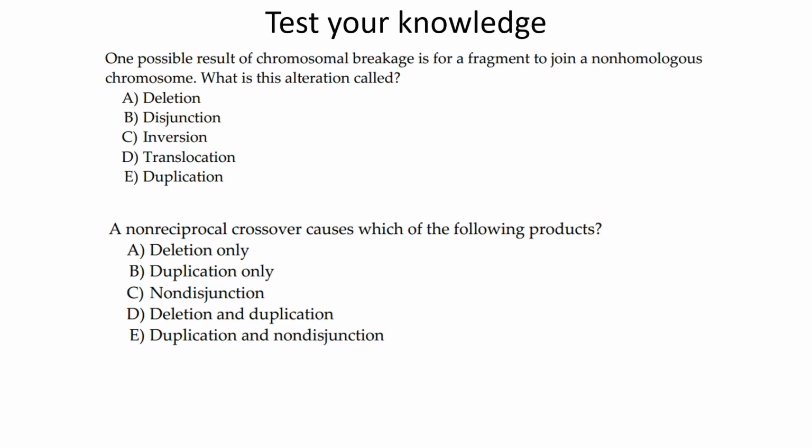All right, test your knowledge. Again class, you do these questions on your own first. After you have done, then you come back here and cross-check with your answer. One possible result of chromosomal breakage is for a fragment to join a non-homologous chromosome. What is this alteration called?